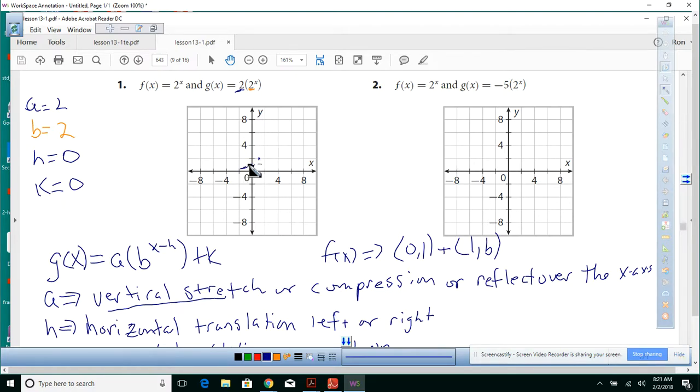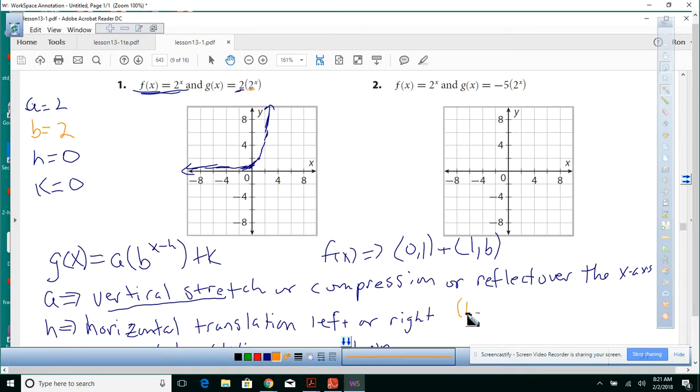Let's see if I can draw that. And it's going to look something like this right here. And that's f of x.